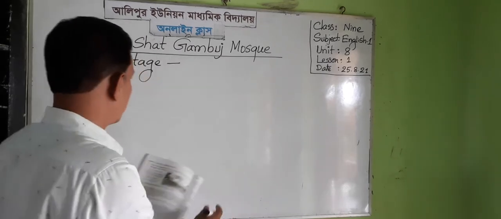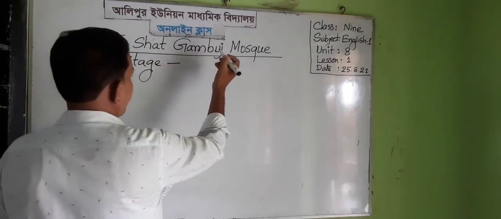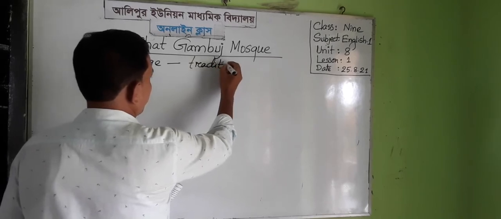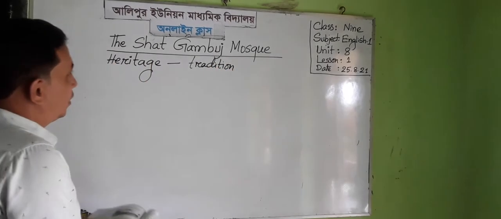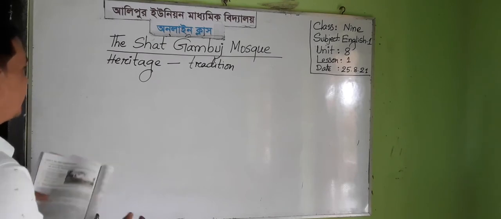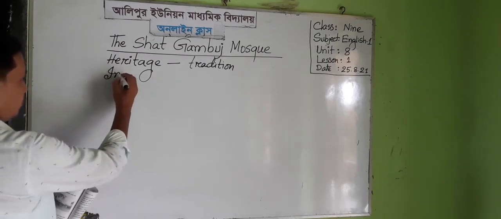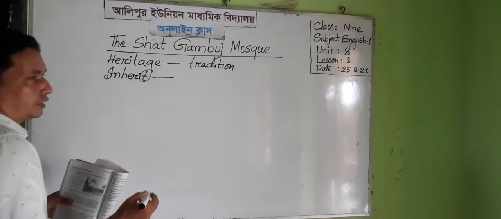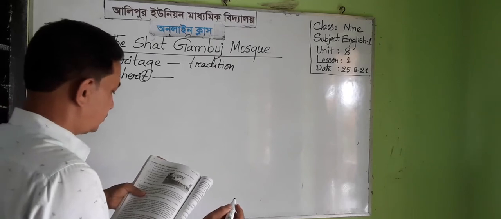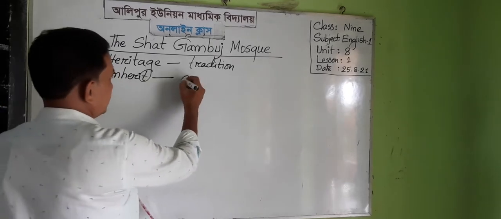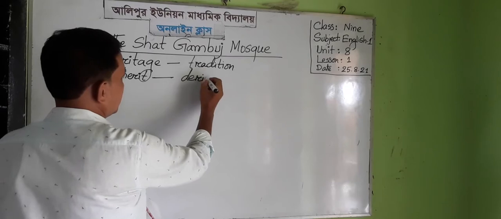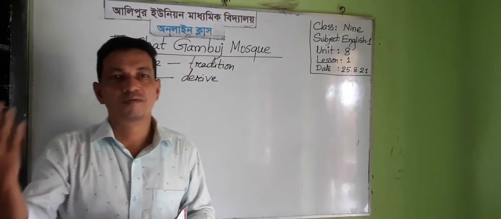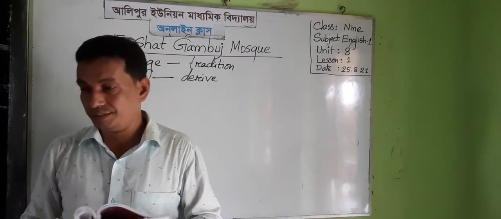So heritage means tradition. Our next word is inherit. Inherit means derive, because what is taken from anything is called inherit.